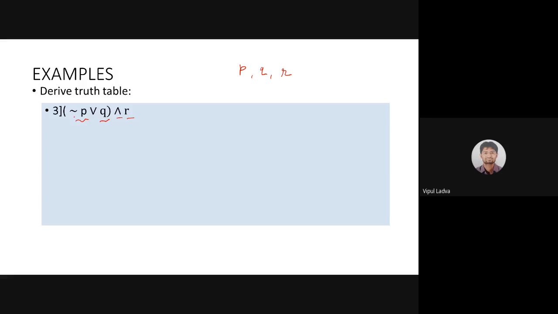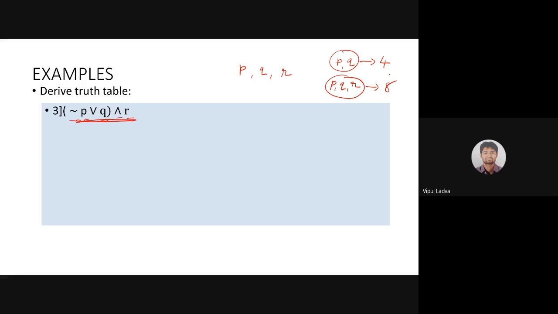And when we are looking for the truth table of this expression, the length of the truth table, meaning the number of rows, matters. When we are dealing with just 2 statements, the length of the truth table will always be 4. But if we are dealing with 3 statements together, then the length of the truth table will be 2 raised to 3, that means 8.